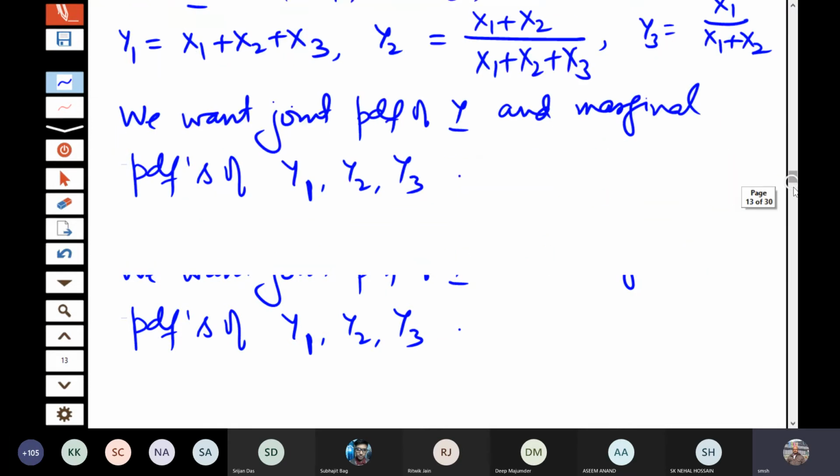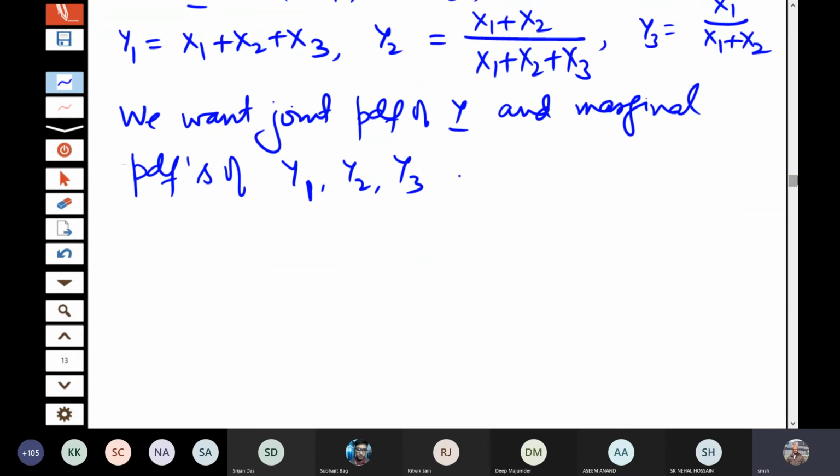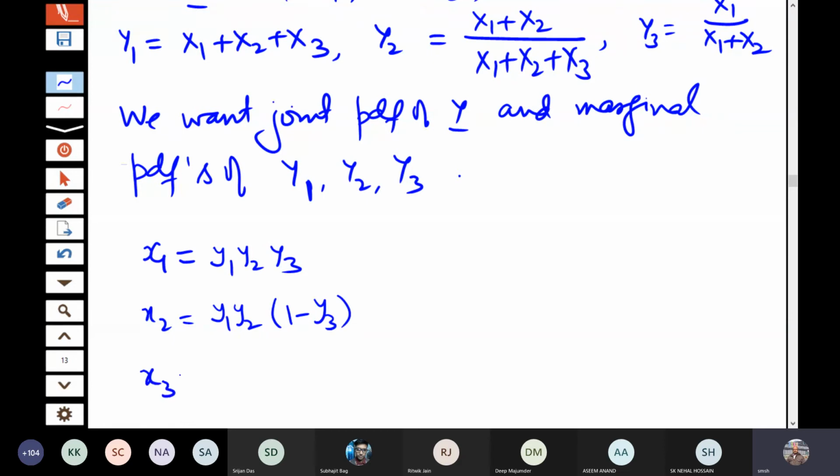So let us look at the inverse transformation here, which you can calculate. X1 is equal to y1 y2 y3. X2 is equal to y1 y2 minus y1 y2 y3, so I can write it as y1 y2 into 1 minus y3, and X3 is y1 minus y1 y2, so I can write it as y1 into 1 minus y2.